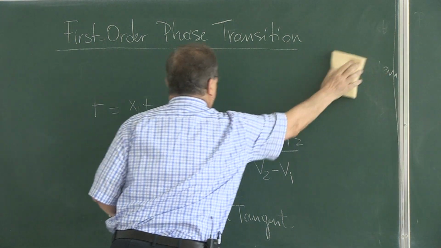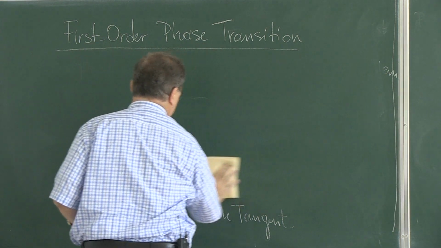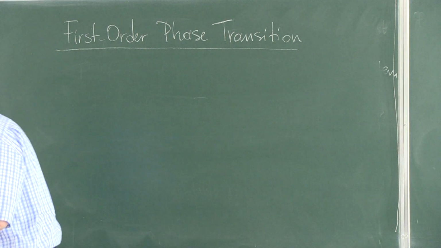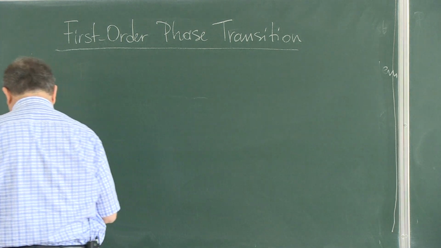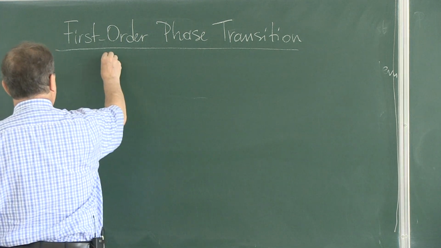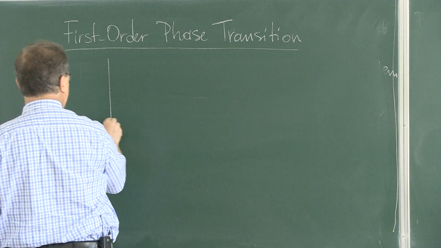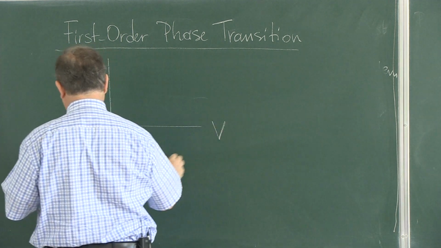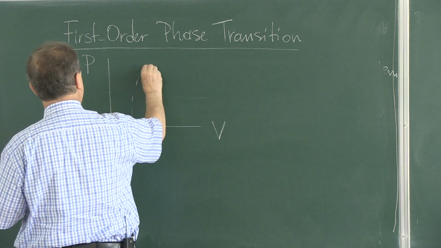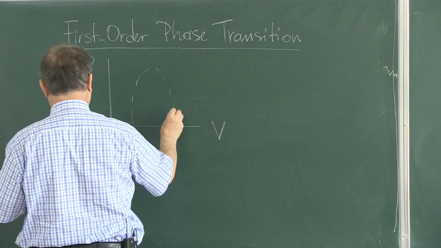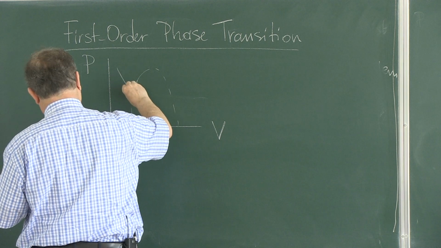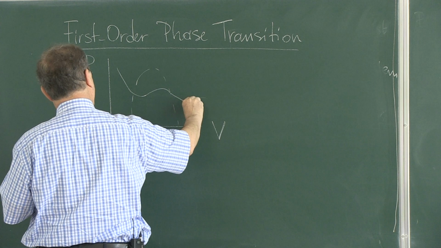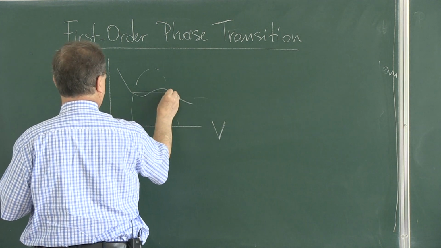Now, let's see the meaning. We were trying to construct the Maxwell construction. This is the unstable region where you have something like this.